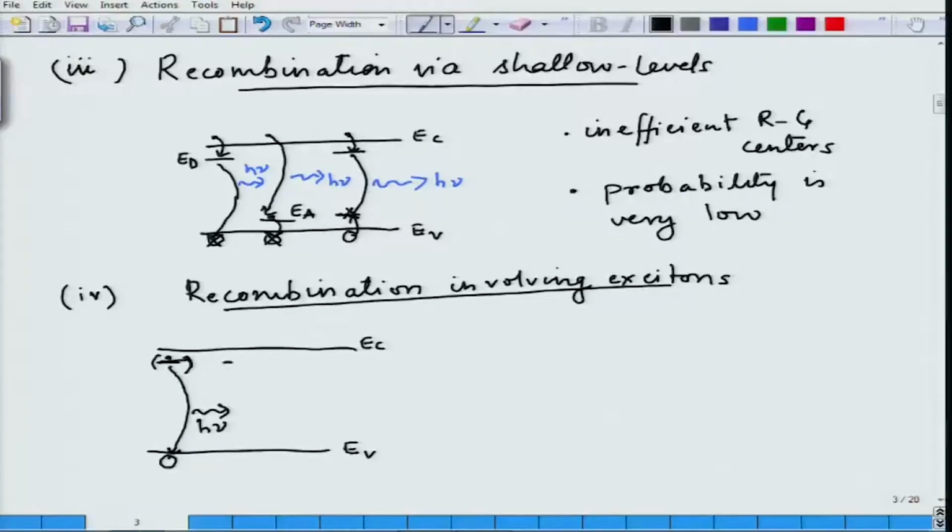In other words, there can be a shallow level and a hole bound not to the electron here, but to the electron in the shallow level, or in the donor level. In this case, this exciton which is bound to the electron in the donor level is known as the bound exciton.